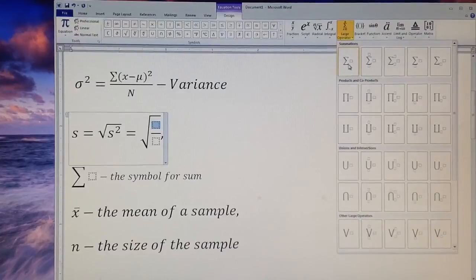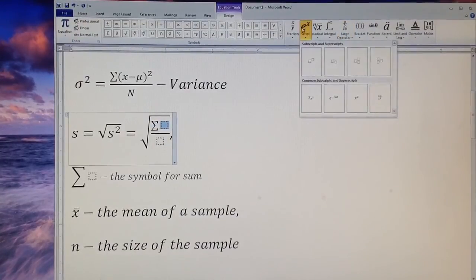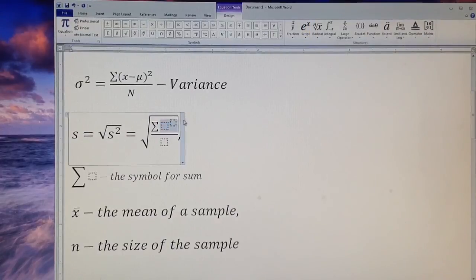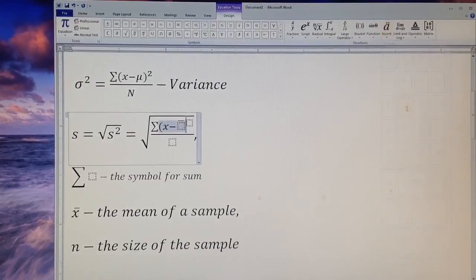Sum. I need exponential notation because all deviations from the mean are squared. So x minus x bar, you see these are all symbols with something above, like this bar, and then the right arrow on the keyboard to get out of the bar symbol.